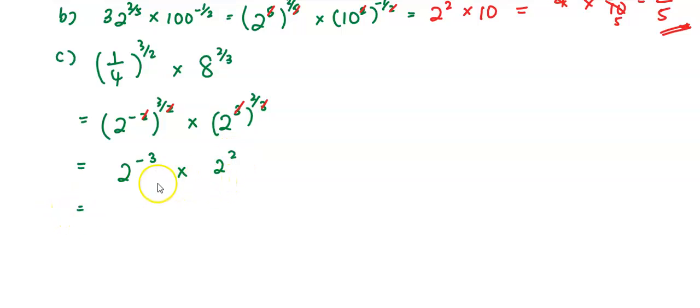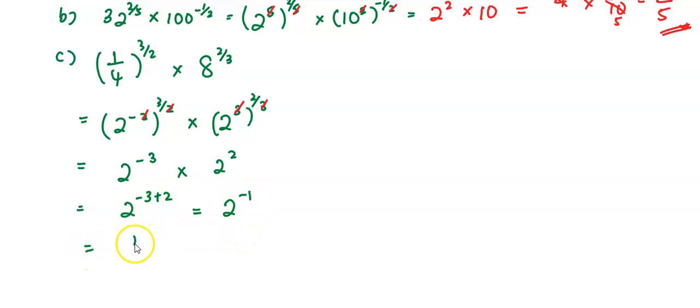When you have index numbers with the same base, where the base is 2 now, and the operation is multiply, you can actually sum them up. That is negative 3 plus 2. This is a law of indices. And finally, you have 2 power of negative 1.